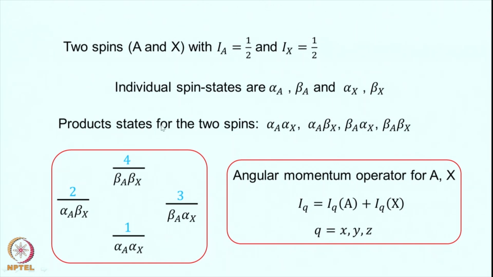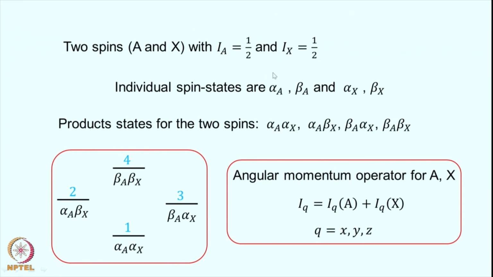This was done in the second chapter when analysis of spectra was described, when you wrote the Hamiltonian and tried to calculate NMR spectra using quantum mechanical principles. This also was done in a very generalized way. So for the 2 spins, we calculate the product states: alpha A alpha X, alpha A beta X, beta A alpha X and beta A beta X. These are the 4 states which constitute the basis set.